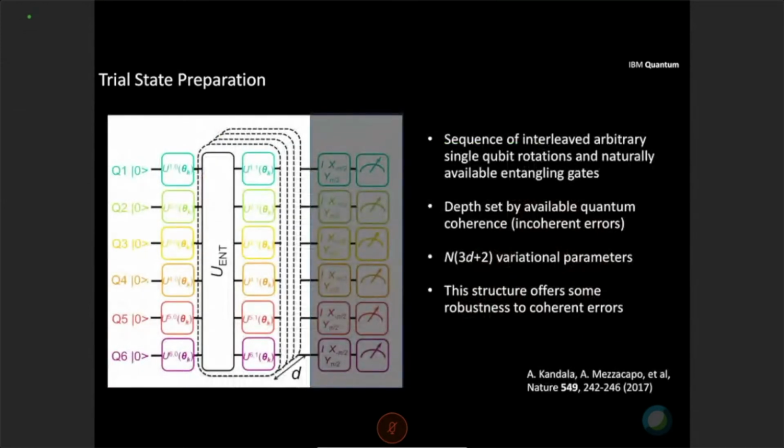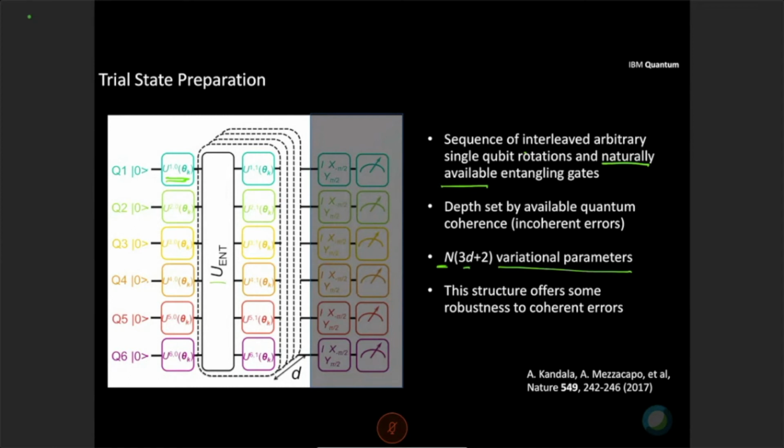As I said, this is basically a sequence of interleaved arbitrary single qubit rotations and these entangling blocks that are composed of what's naturally available to your hardware. To emphasize once again, the depth, the number of these layers that you have, is going to be set by the available coherence time. For this kind of structure, where you don't parameterize any of the entanglers and only parameterize the single qubit rotations, the total number of variational parameters goes linear in the number of qubits and linear in circuit depth.